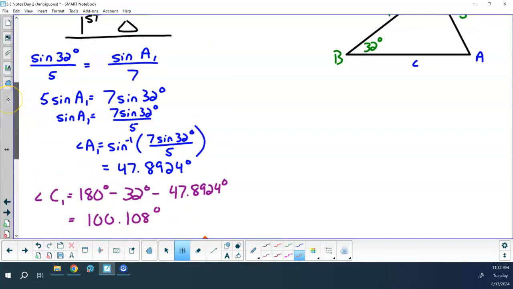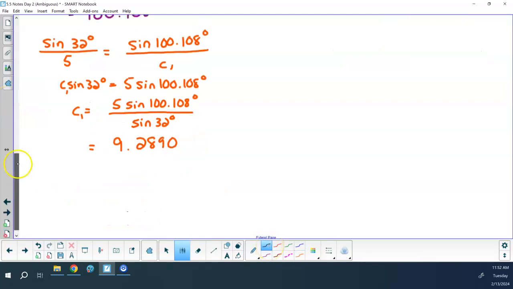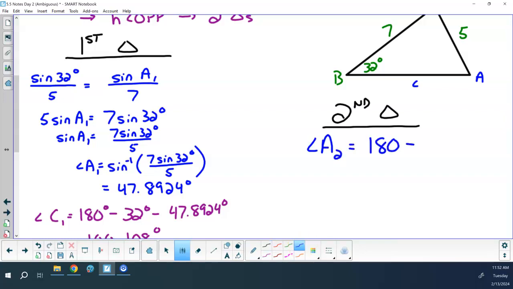Now, second triangle, you're going to go back and take whatever angle it is that you found first. So in this case, it was angle A. So angle A sub 2 is going to be the supplement to angle A sub 1.